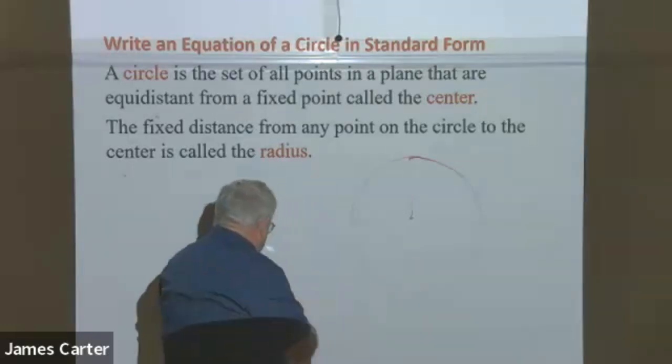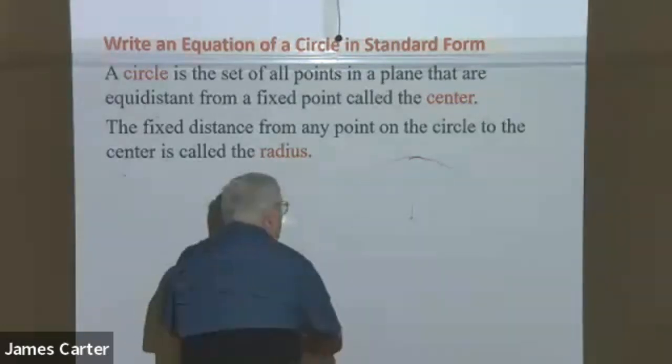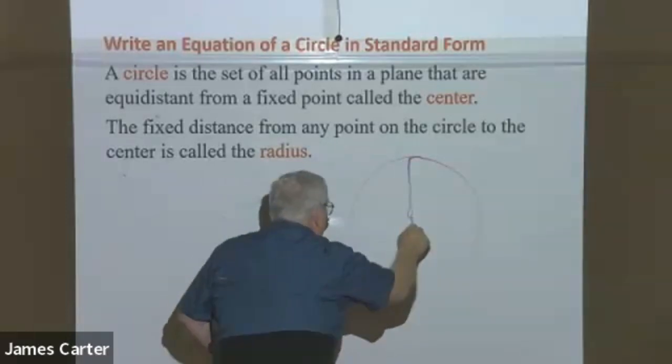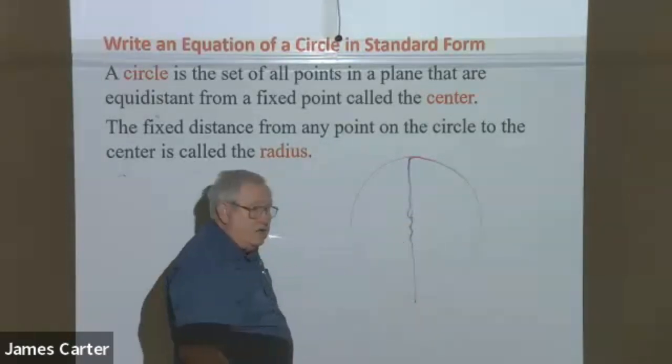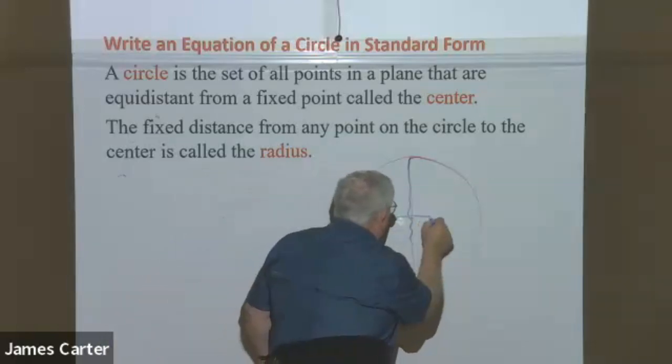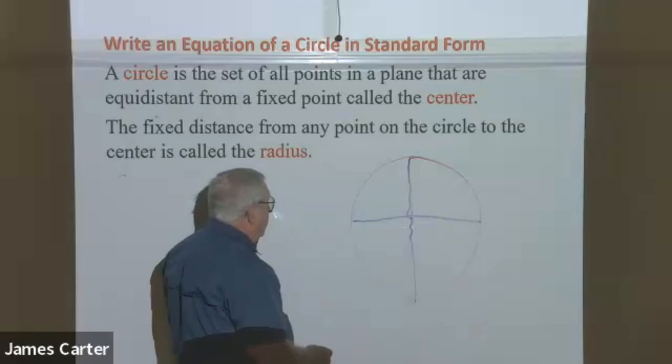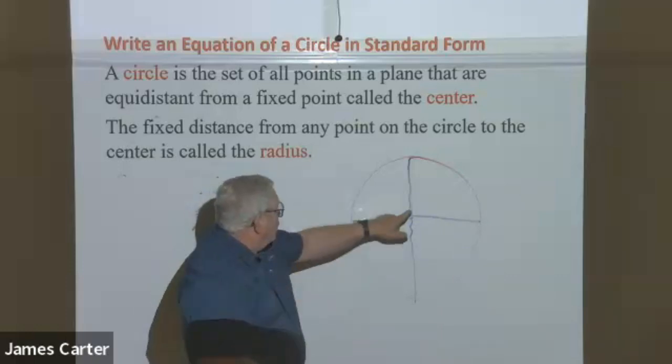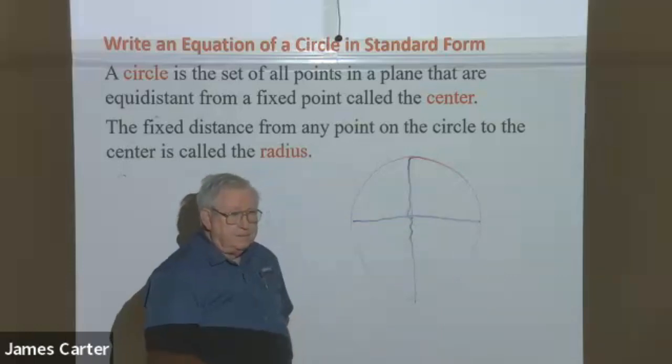Well, the next thing they did, in fact, was the diameter all the way across. Then they drew another diameter through that center that's at a right angle to that one.